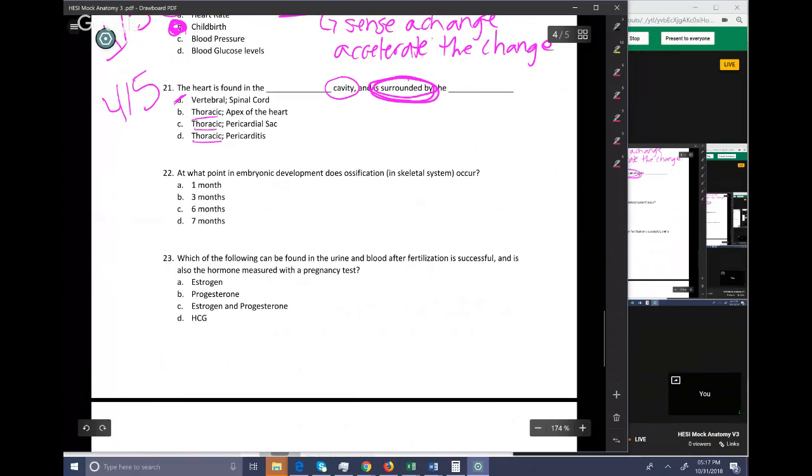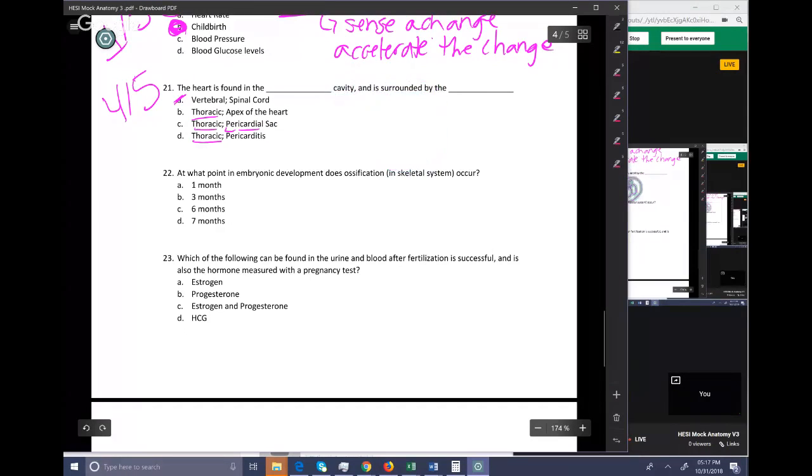So because it says surrounded by, we can kind of picture, I'm a terrible artist, but here's a heart. And surrounded by, we can kind of picture like that. That's going to be the pericardial sac. There's a couple of hints in there for you. Sac would have the capability of surrounding or containing something. And then peri and cardial together.